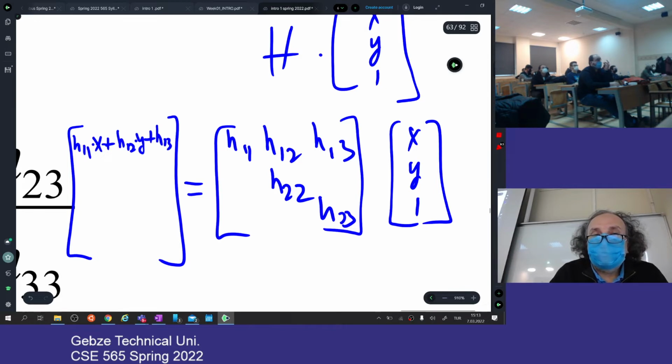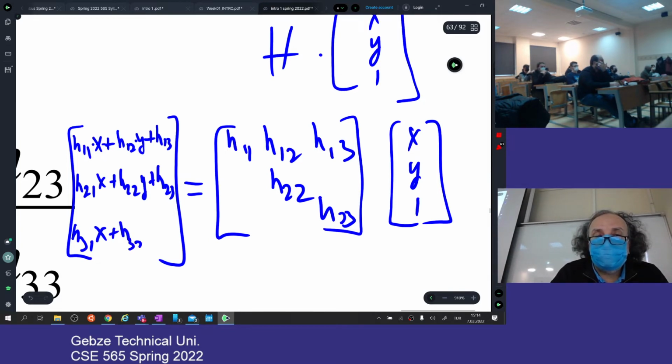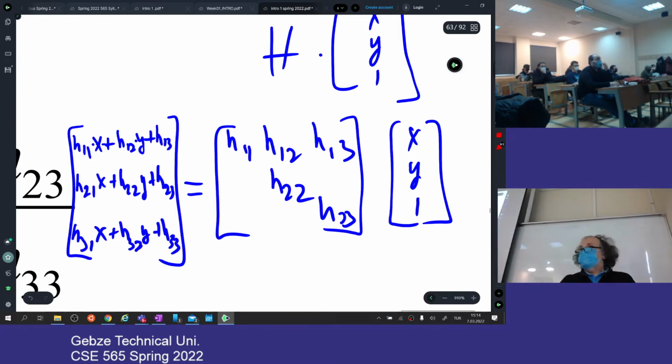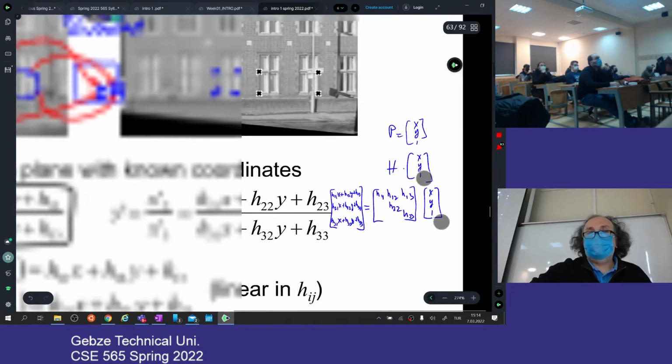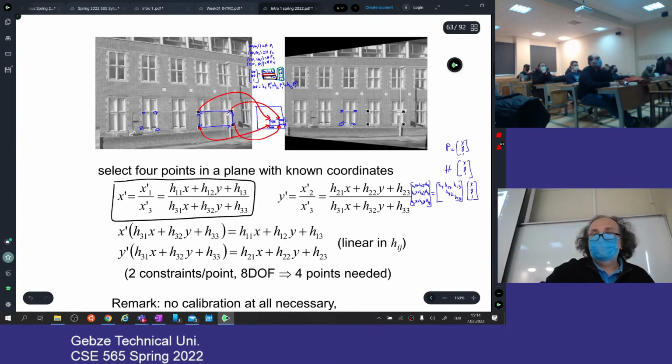And the second line is H21 x plus H22 y plus H23, and the third one is H31 x plus H32 y plus H33, right? So this is my homogeneous point in my left image, and this is my homogeneous point in my right image.